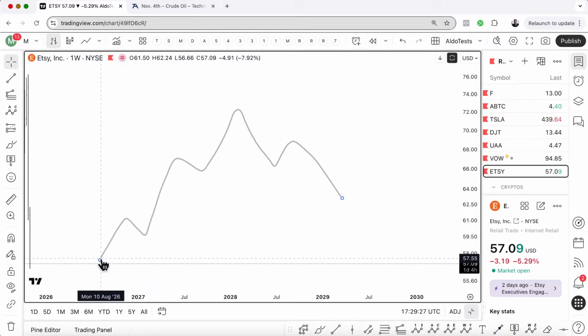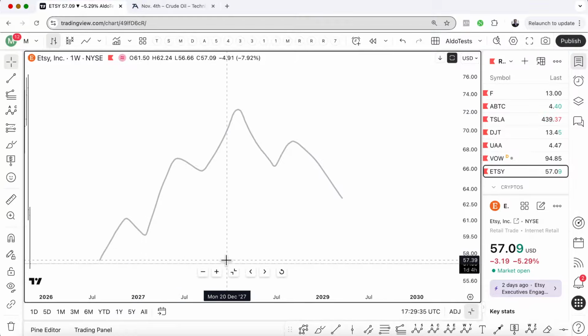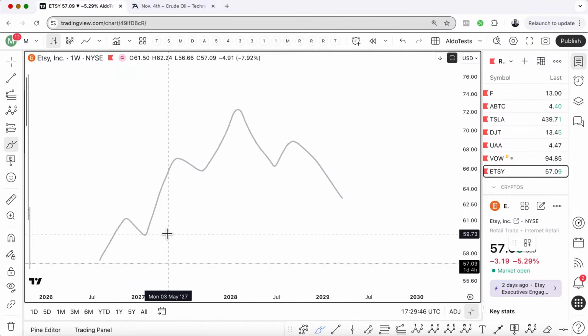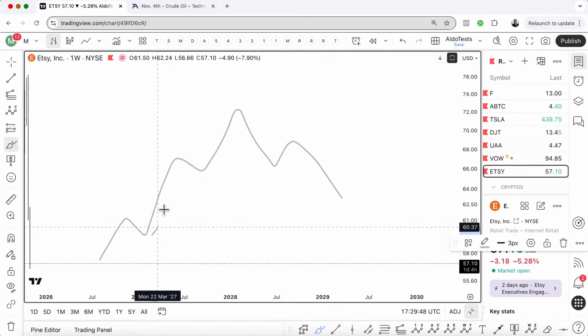But the question is, we never try to catch a turn. So why not? Well, because we want to have high probability trades. So what we trade is wave 3s. Why wave 3s?